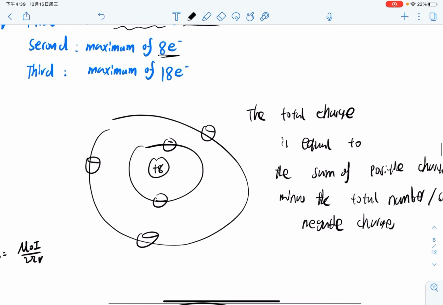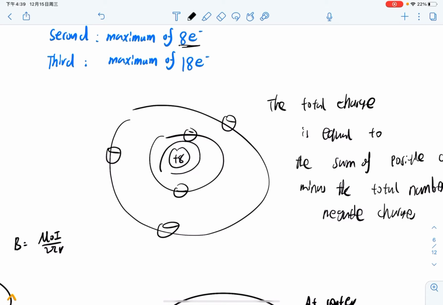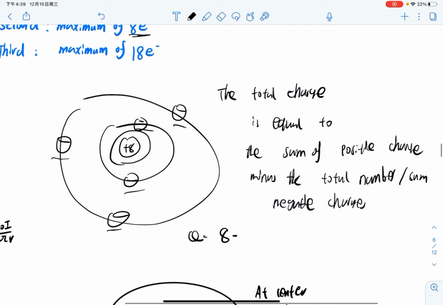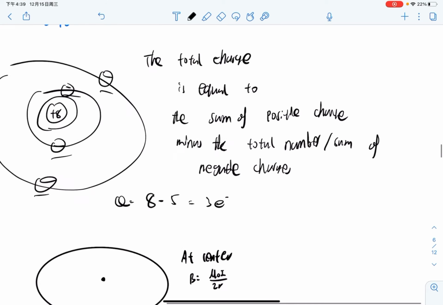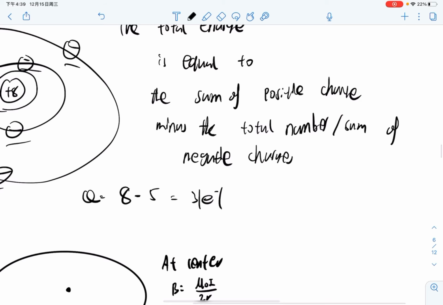In this case, we can see the number of positive charges is 8. So 8 minus 1, 2, 3, 4, 5, 5 negative charge particles. So 8 minus 5 is 3, 3e. And you need to add an absolute value.